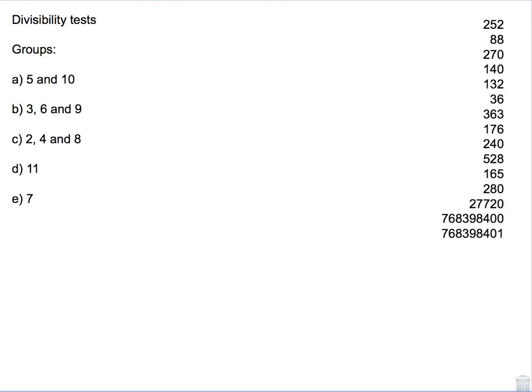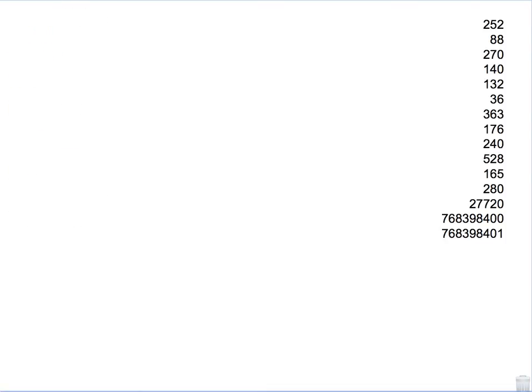Okay, so I'll even get rid of this part, and let's go. So let's do the first one, 768,398,400. Now we saw before that the zeros do not affect this, so we're just going to take the zeros off and not worry about those.